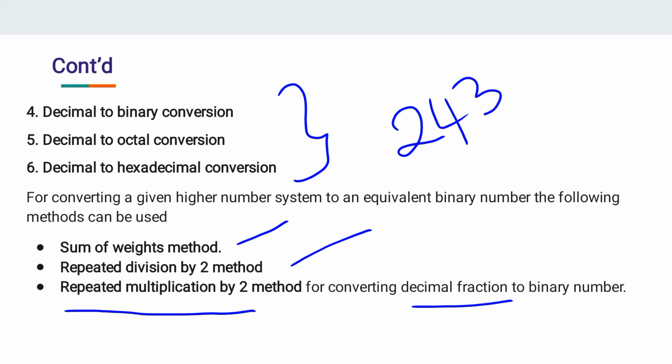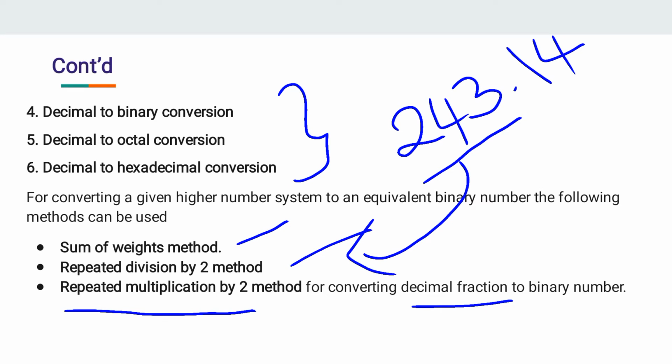This is the number, then these two methods are for the conversion, and for the fraction part we go for the repeated multiplication by 2 method. You will come to know in the next slide. Clear?